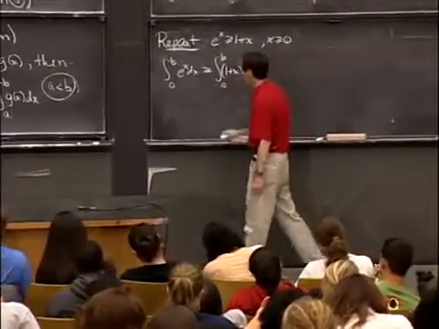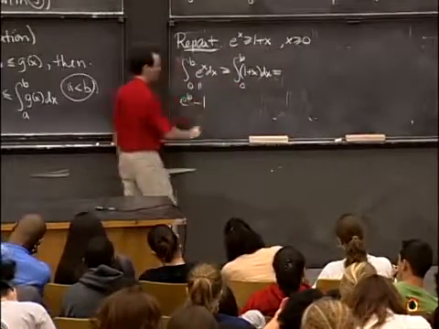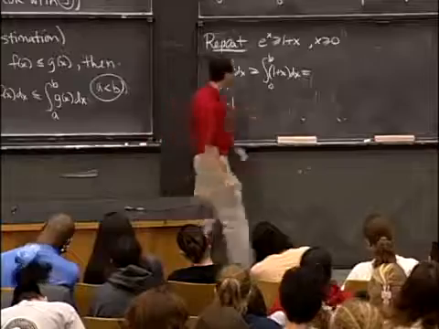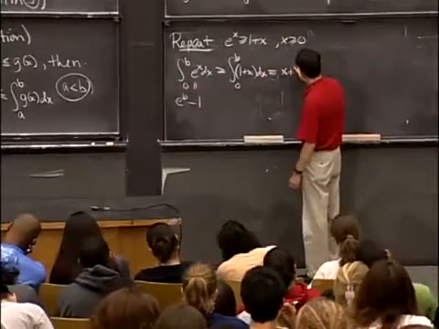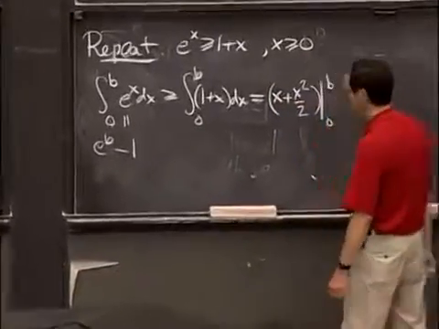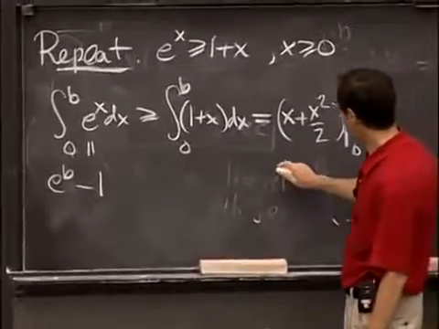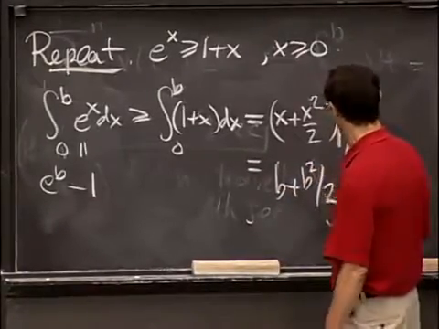And I remind you that we've already calculated this one. This is e to the b minus 1. And the other one is not hard to calculate. The antiderivative is x plus x squared over 2. We're evaluating that at 0 and b. So that comes out to be b plus b squared over 2.